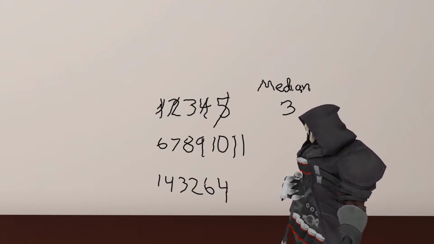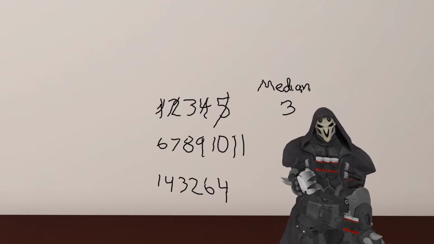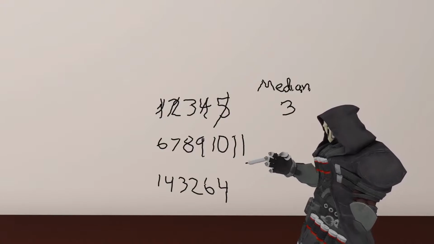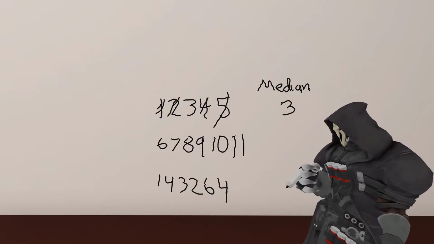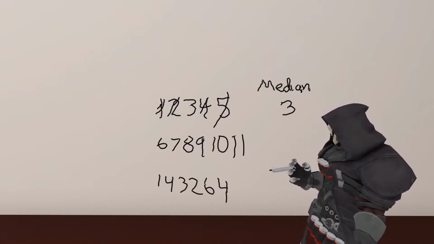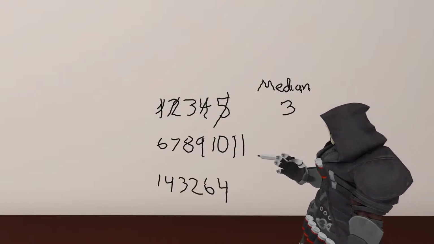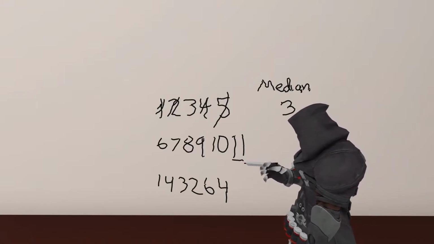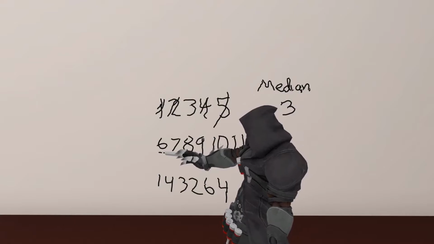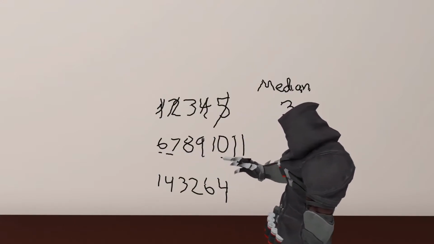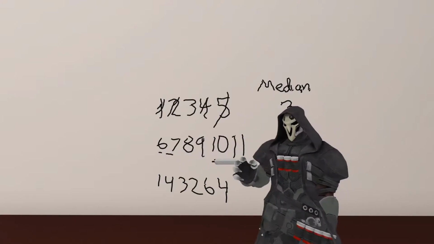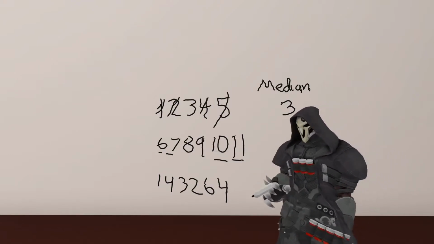Here we have the numbers 6, 7, 8, 9, 10, and 11. Are they in order? Well, these are in order, which is awesome. However, if you notice, if we get rid of one number on the right and one number on the left, and one number on the right, we have 2 numbers in the middle.